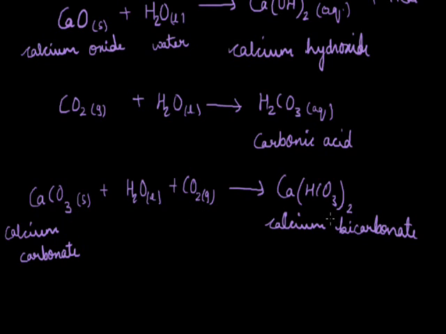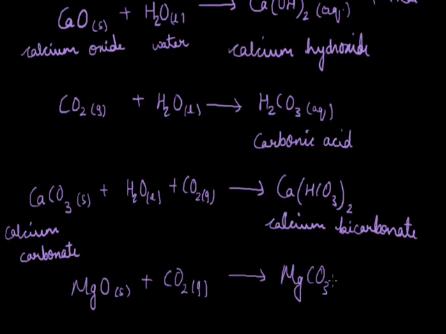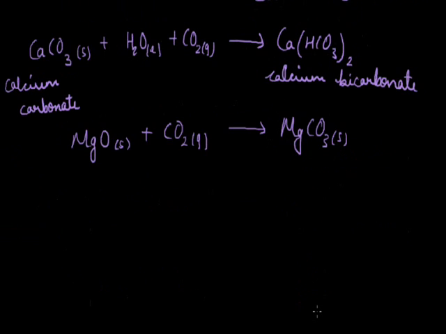And so this is the third type of category of the combination reaction in which the reactants are compounds. One example, magnesium oxide, when it reacts with carbon dioxide gas, it forms magnesium carbonate, MgCO3, under suitable conditions. It is in the solid state.